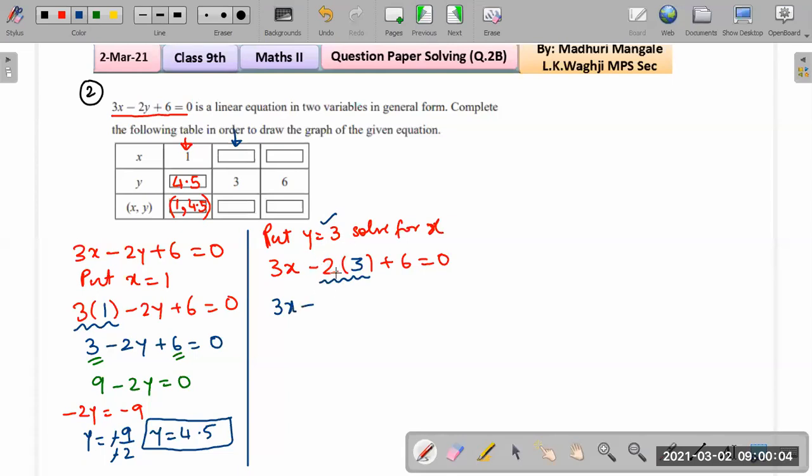So that's 2 times 3, which is equals to 6, minus 6 plus 6 equals to 0. Now we combine the like terms. Minus 6 plus 6 equals to how much? That will be equal to 0, isn't it? Minus 6 plus 6 gets crossed out. So we are left with 3x equals to 0, right?